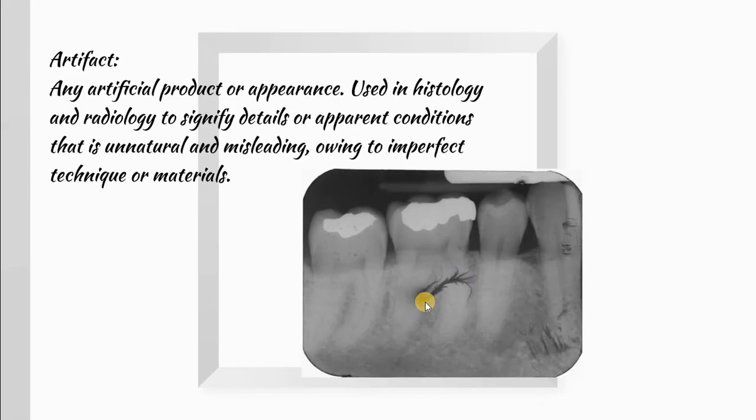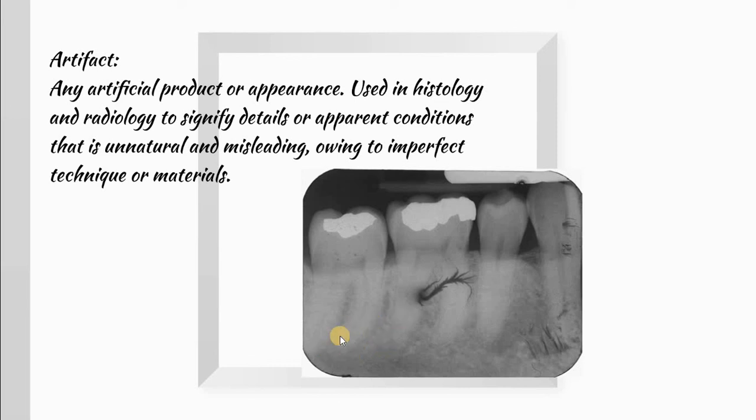The last term is artifact. Artifact, most of the time we see it while taking an X-ray. Any unnatural and misleading condition while taking an X-ray, which happens due to imperfect technique or material, we name it an artifact.